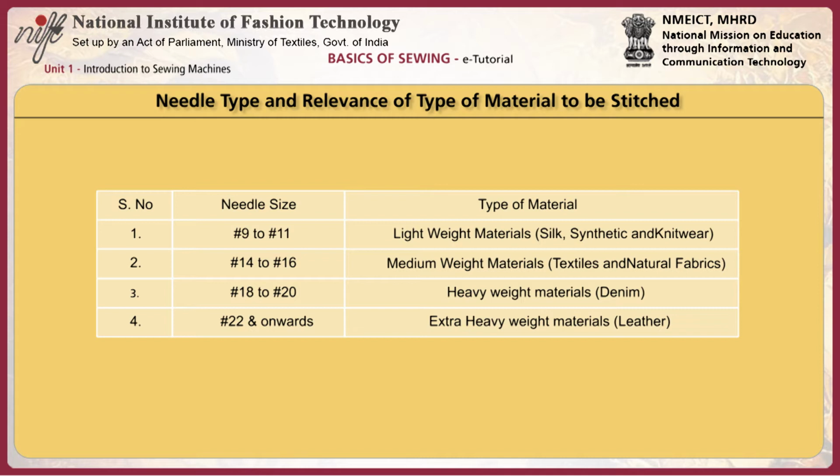Needle number 14 to 16 is advisable for medium weight material in textile, such as shirting material or trouser material. Needle size 18 to 20 is suitable for heavyweight material like denim, khaki and leather.